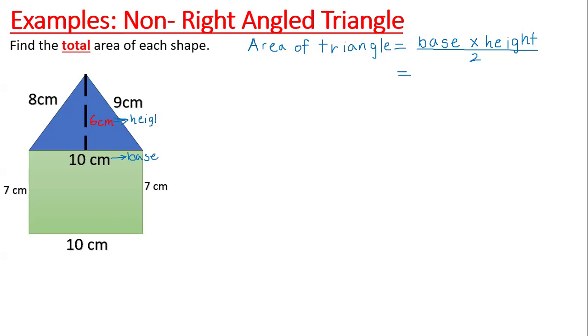How did you get 60? You have to multiply them. That's correct. So it's going to be the base, which we know is 10 centimeters, and the height is 6 centimeters, all over 2.